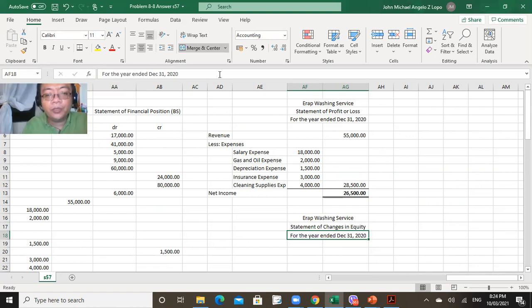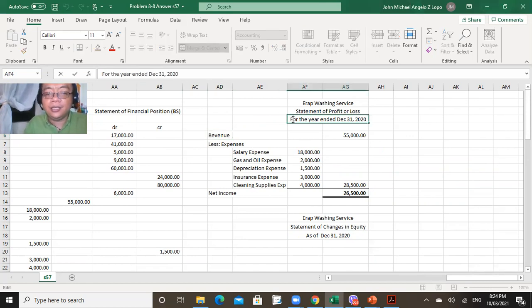Take note of the date. The date here should not be for the year ended anymore. It should be as of December 31. As I told you a while ago, all the revenues, expenses and the net income are temporary or nominal accounts. That's why the heading there is for the year ended.